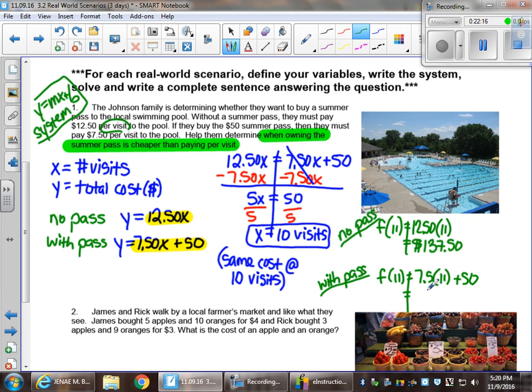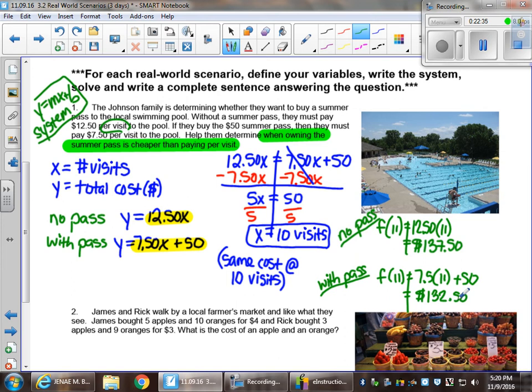Using your calculator, we should get $132.50. And if you could, please pause it. I genuinely want you to try 7.5 times 11 plus 50 and make sure you get the same answer as me.